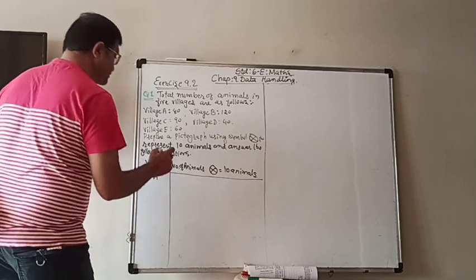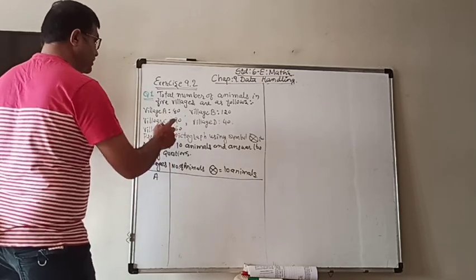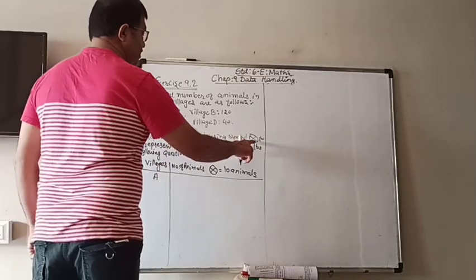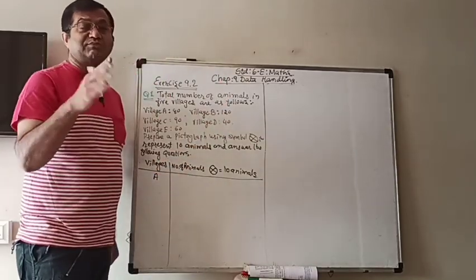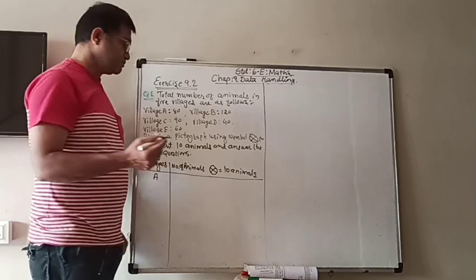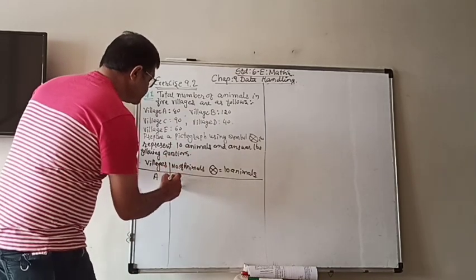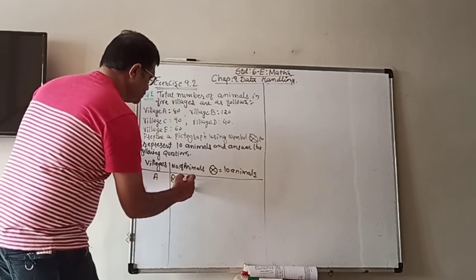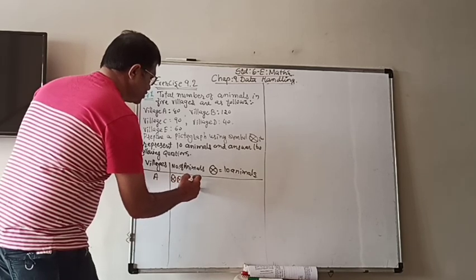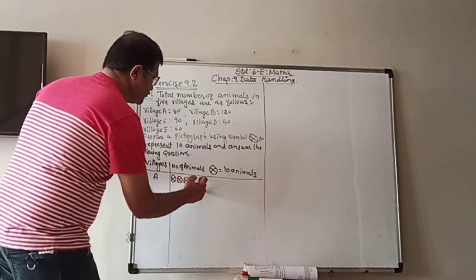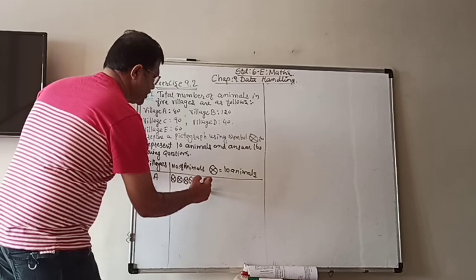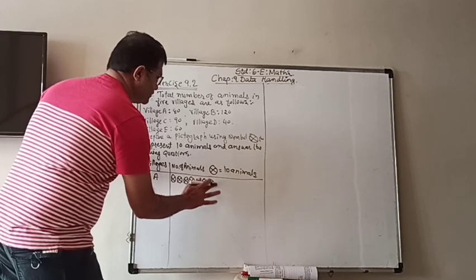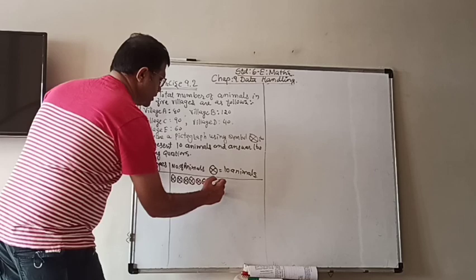Village A. Village A has how many? 80 animals. So here one symbol represents 10. Means how many we have to draw? 8. So 1, 2, 3, 4, 5, 6, 7 and 8.